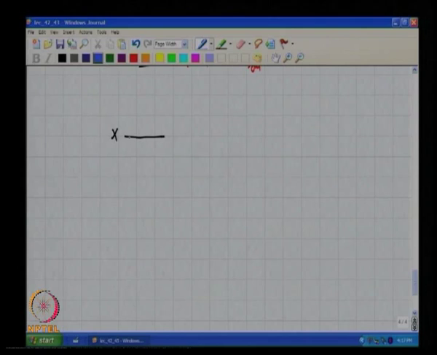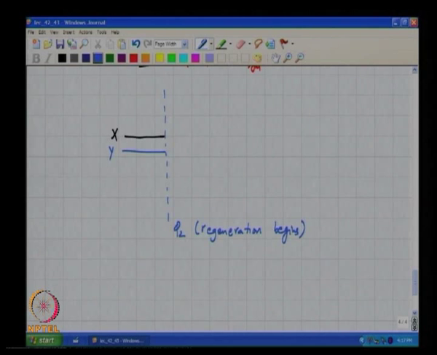So, if you plot the waveforms at x and y, these two were slightly different to begin with, and this is phi 2 where regeneration begins. What do you expect to happen to the common mode?